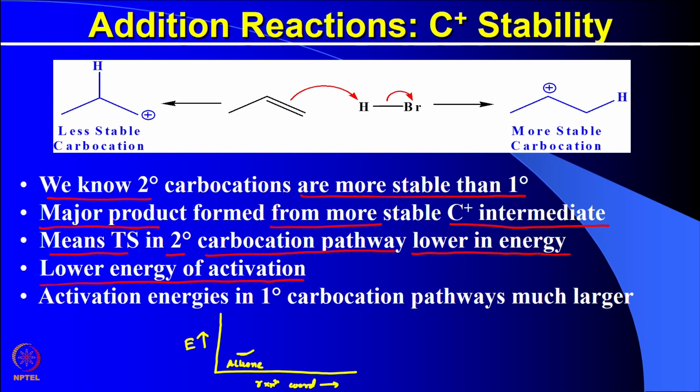If it goes through the 2 degree carbocation pathway, it forms the product here. If it goes through the 1 degree carbocation pathway, it is the product here.